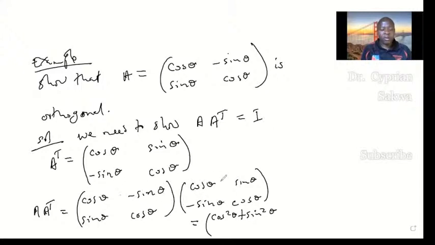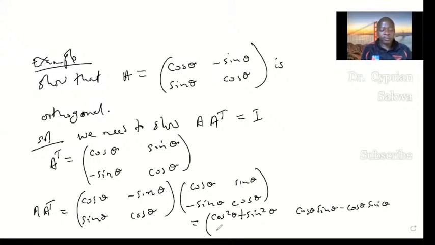Now what about this row and this other column? I would have cos theta sin theta minus cos theta sin theta. What about this row and this column?